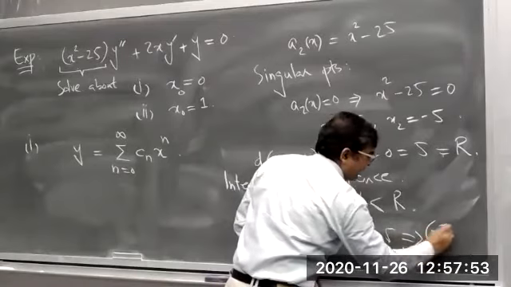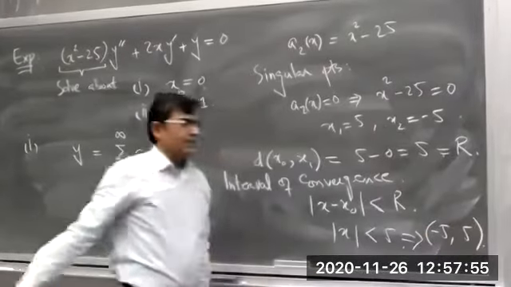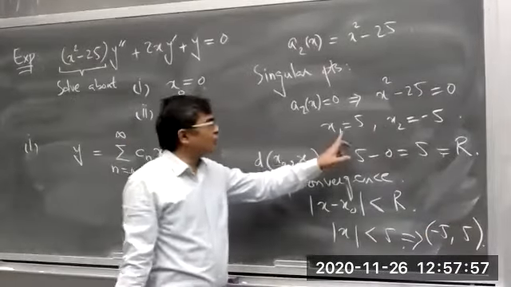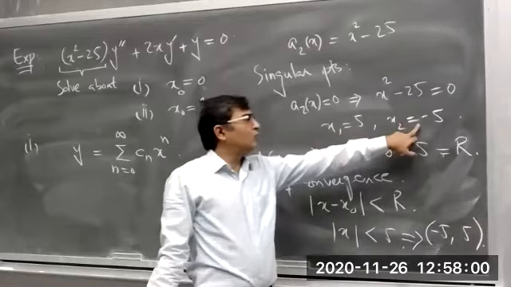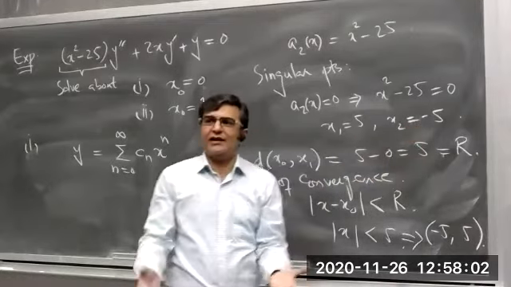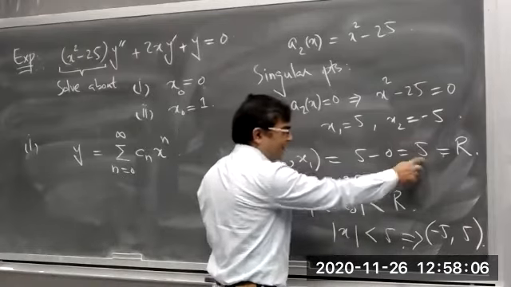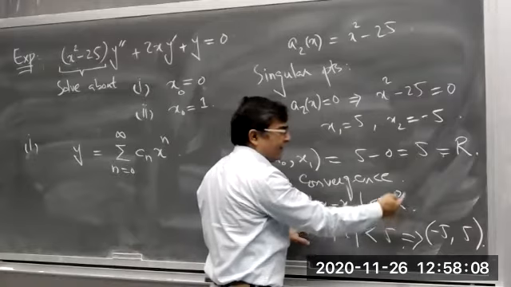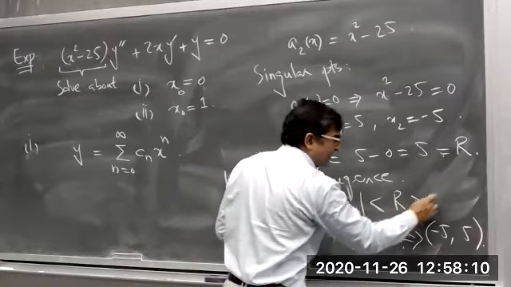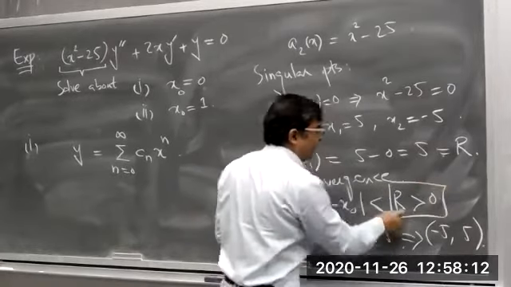So the interval of convergence is equivalent to -5 to 5. If we choose x1 as 5 or -5, it doesn't change anything because the distance will remain 5. The radius of convergence must be greater than 0.